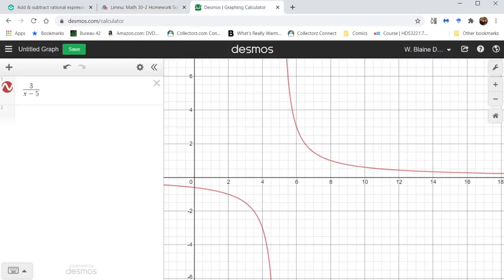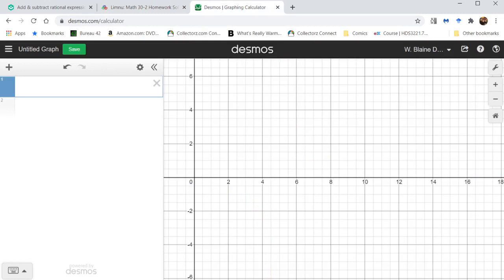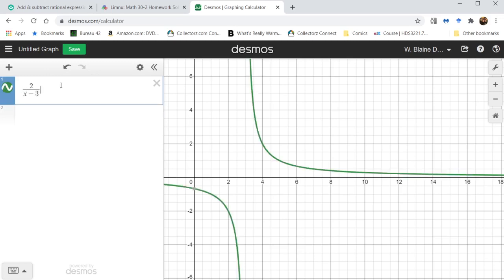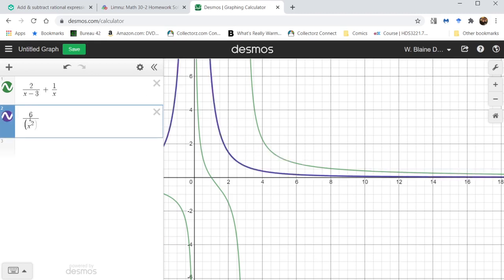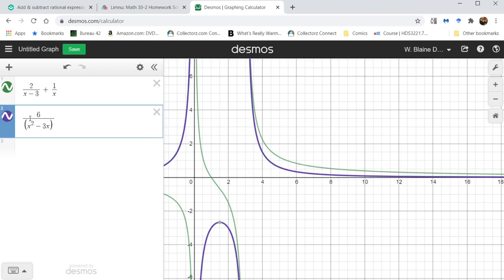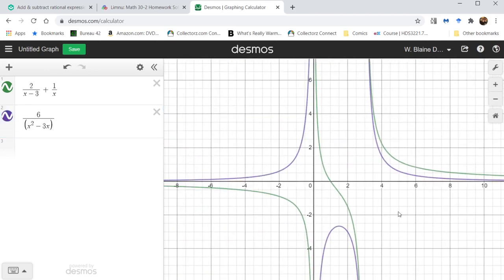For example, if we said our left-hand side is 2 over m minus 3, and this gets a little confused if your variable is not x. So I will just graph it as x. There's our left-hand side. Our right-hand side is 6 over m squared, again, I have to remember to change that to x's, minus 3x. Here we go.